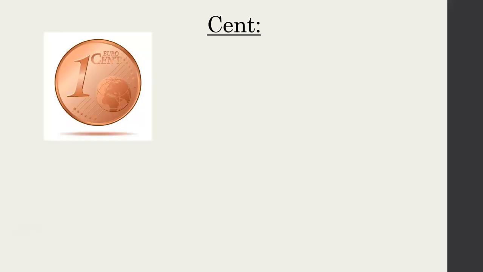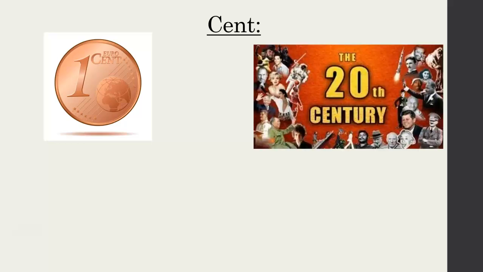The word cent. If you actually think of cent, where might you have heard it before? Well, the obvious one would be the currency, 1 cent, like a euro. So if you have 100 cents, you have a euro. You might have heard of century if you're doing history. So a century is 100 years.